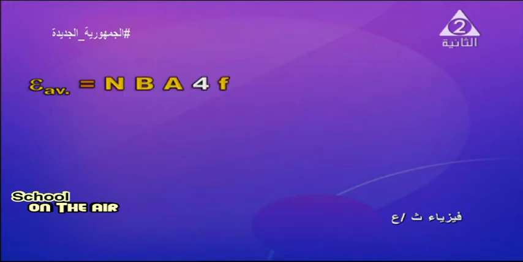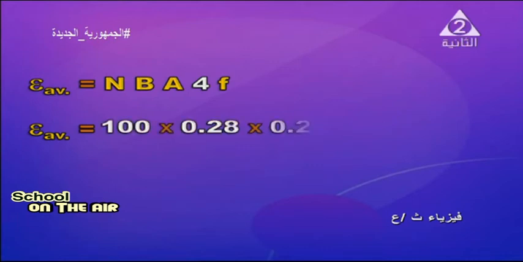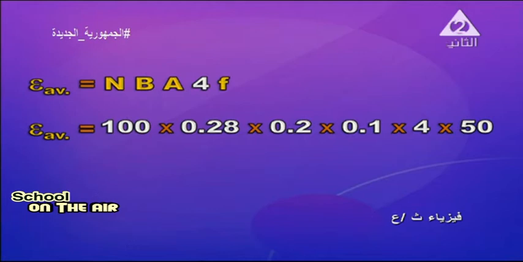EMF average equals NBA times 4f. So it is 100 times magnetic flux density 0.28 times area 0.2 times 0.1, times 4 times the frequency, given as 50. So we'll obtain 112 volts, and the negative sign, as I said, indicates Lenz's rule.